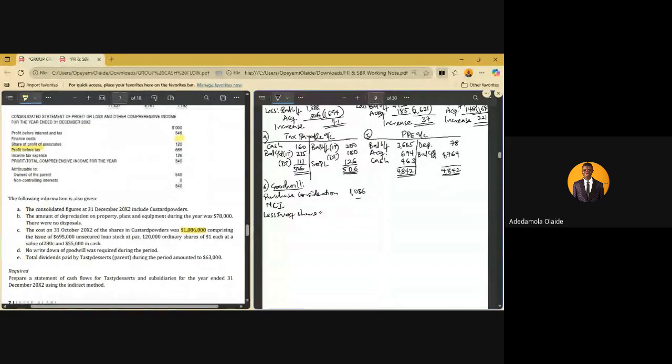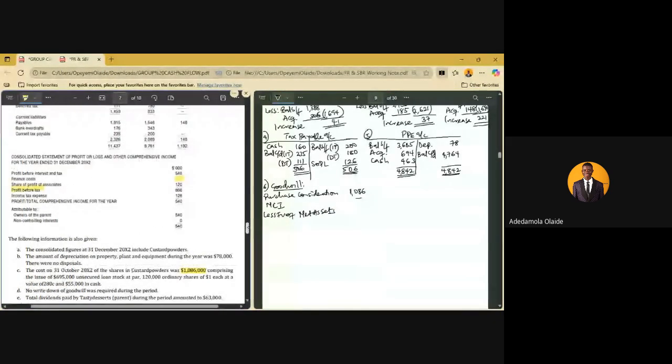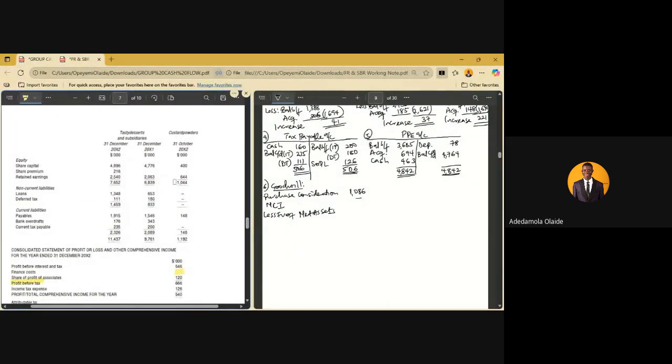Less fair value of net assets. So what will be the fair value of our net assets? Since we don't have any group adjustment here, the equity, remember, is the same thing as the net assets. So what will this give us?